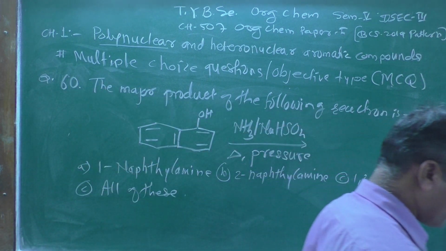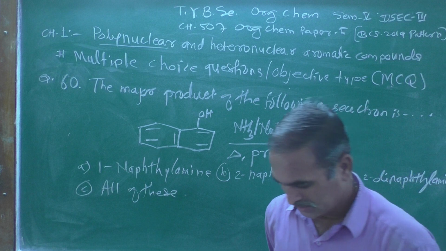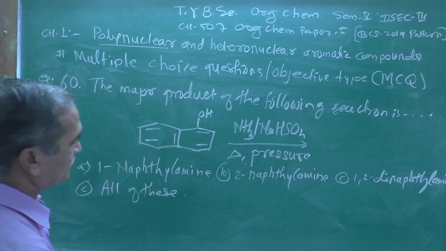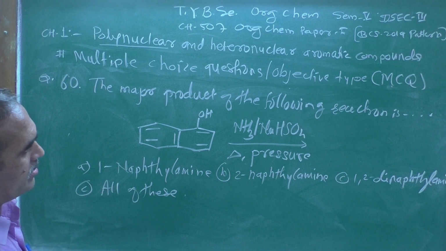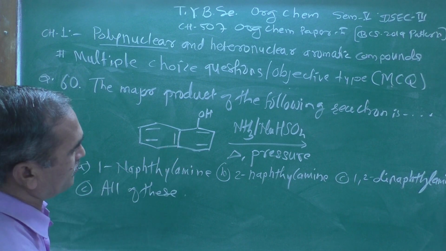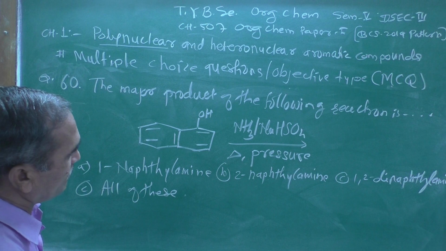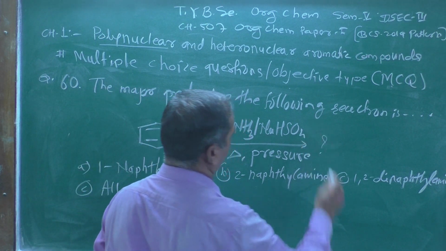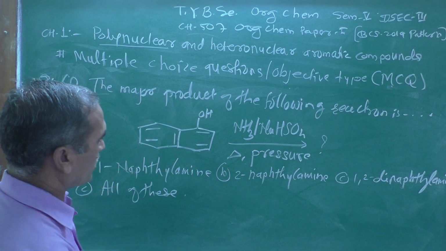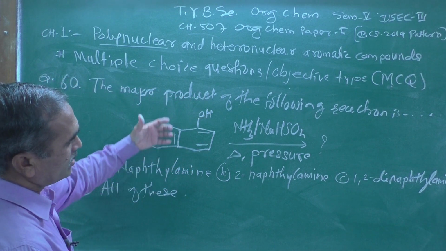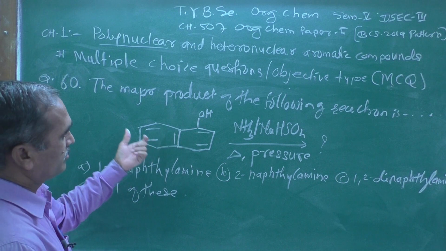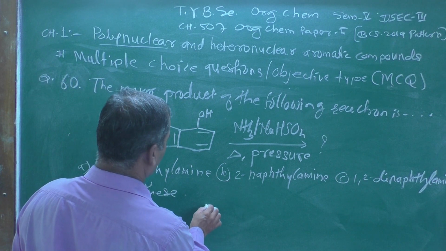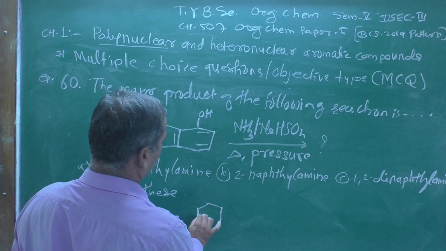Now, do you remember the preparation of naphthylamine? And here ammonia in presence of sodium bisulfite, heat and pressure is given. This is a question mark. What would be the product obtained after the treatment of alpha naphthol?